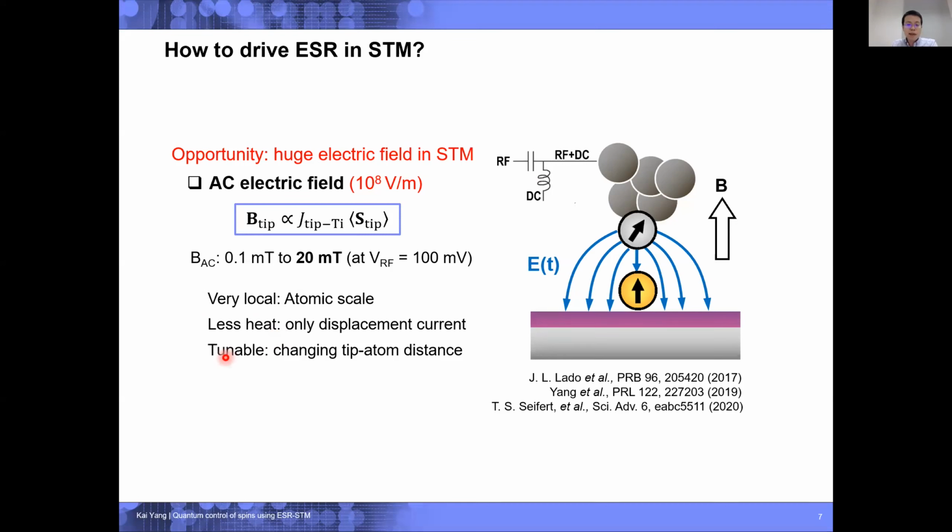And thirdly, the strength of this AC field is very easy to control, because we can do it just by changing the tip-atom distance. This exchange-interaction-driven ESR STM mechanism was first proposed by Jose and his collaborators in 2017. And later we confirmed this proposal in a later experiment.